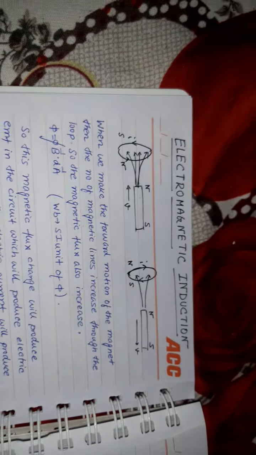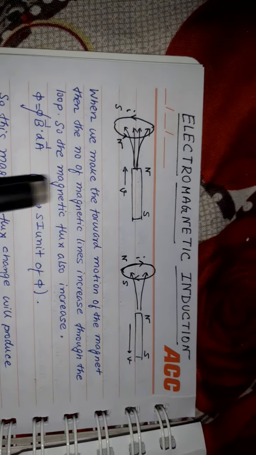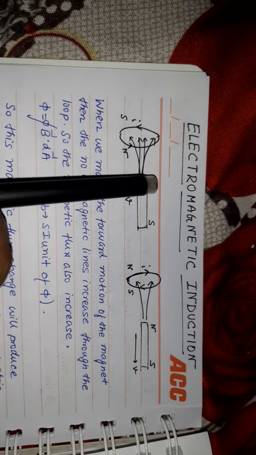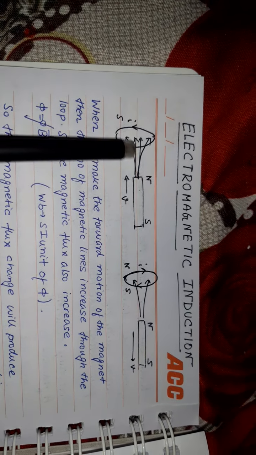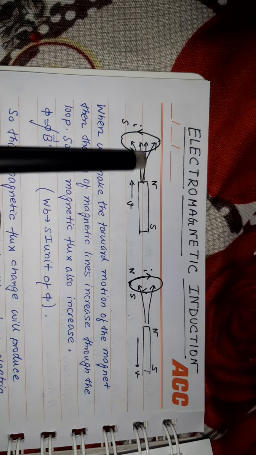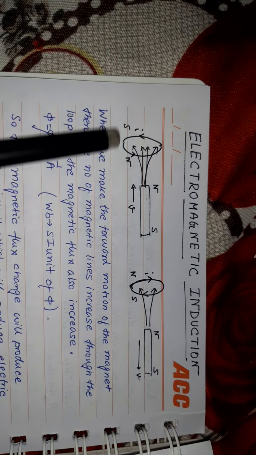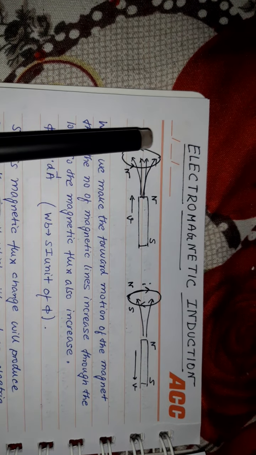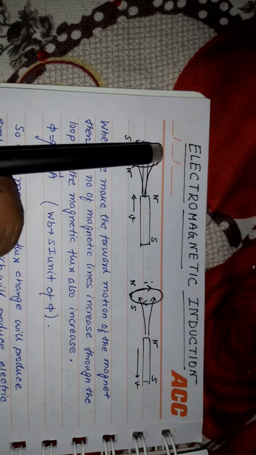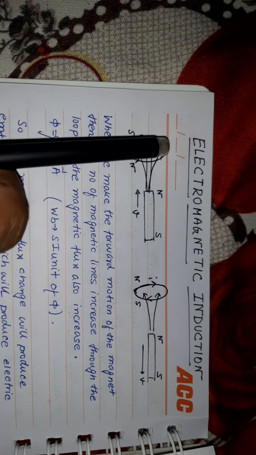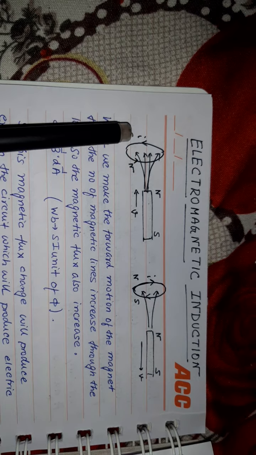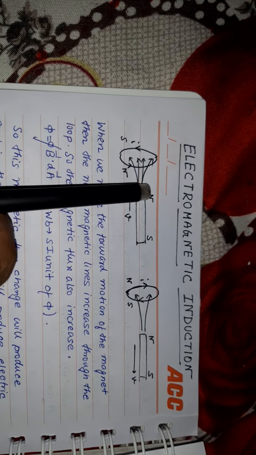How does this happen? If the magnet is coming here, then from the north pole the magnetic lines of force get outside, and these are getting inside the loop, and as a result a current flows in the anti-clockwise direction. This anti-clockwise current will produce a magnetic field in the north-south direction, means here in this direction.